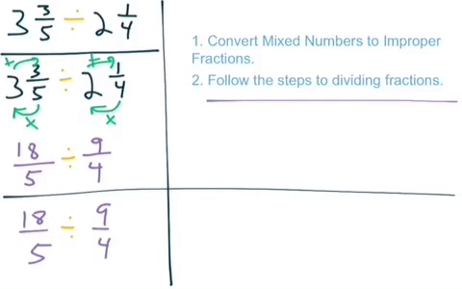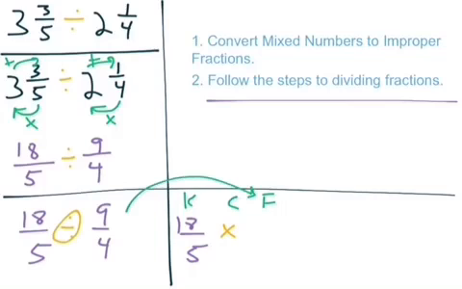We're going to do our keep, change, flip. And when we do that, of course, when we keep our first fraction, it will be 18/5. We're going to change our division to multiplication. And then we're going to flip, or find the reciprocal of 9/4, which is going to be 4/9.